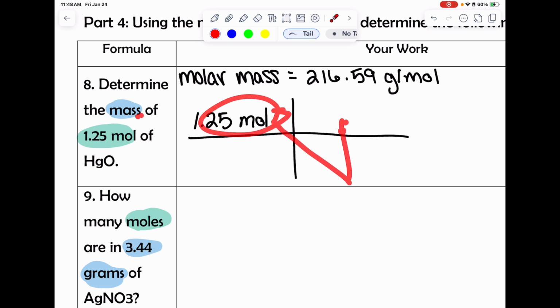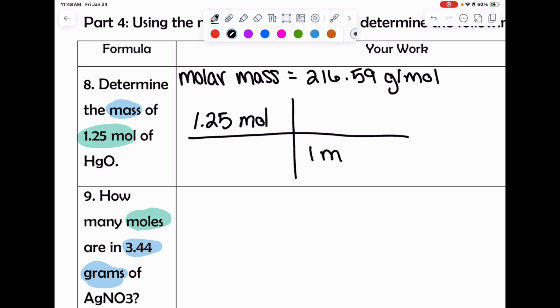So moles to grams. And we can do that using our molar mass. So for every 1 mole of HgO, we get 216.59 grams.